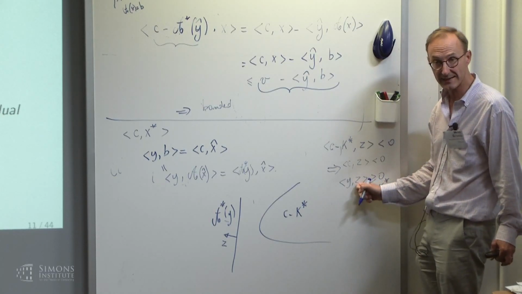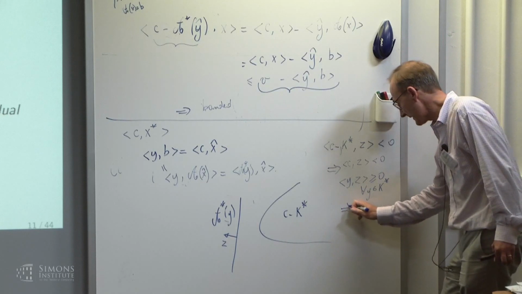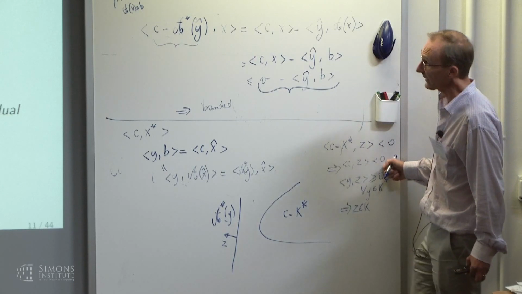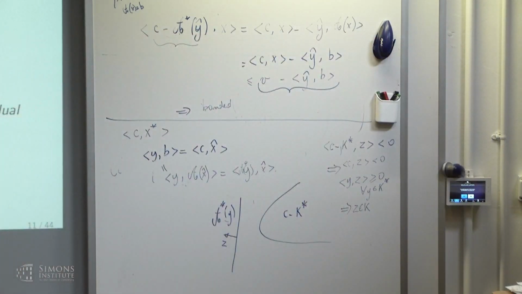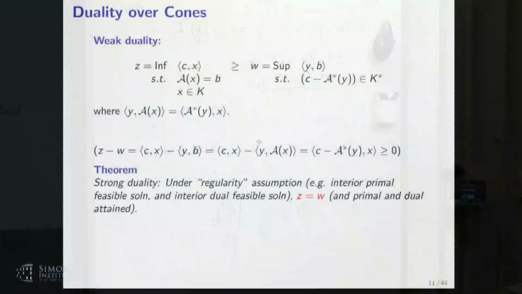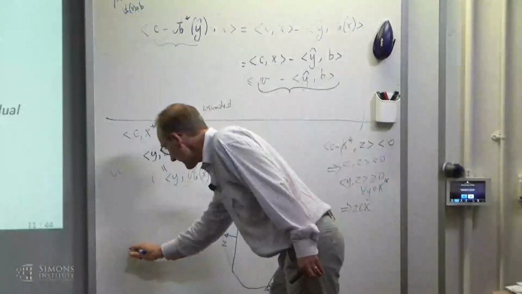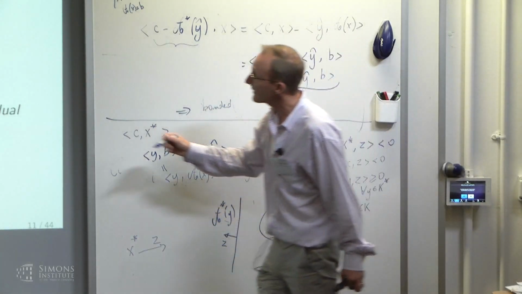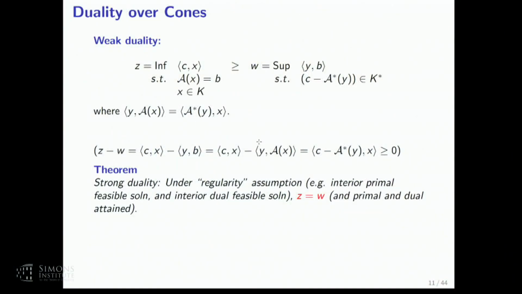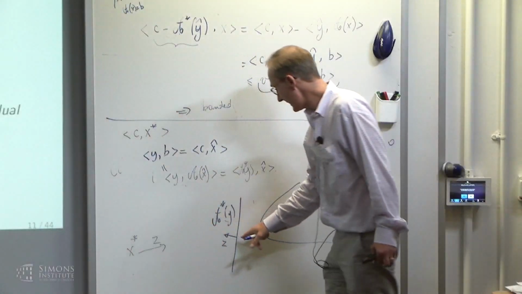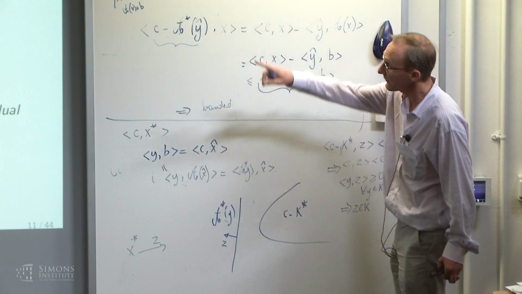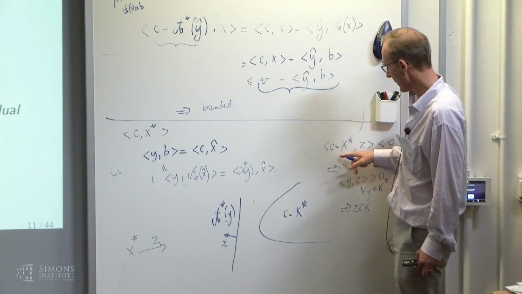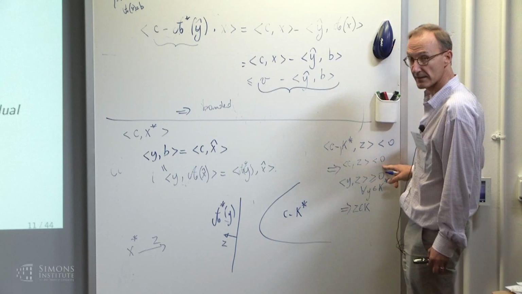But that means that Z is in K. So Z is in K and CZ is less than 0, which means that if I take my optimum X star and from that optimum I go in the direction Z, I will stay feasible because this is linear and AZ is 0. I'll stay in K because Z is in K, but I'm going to improve the objective function because CZ is less than 0, so it's unbounded.